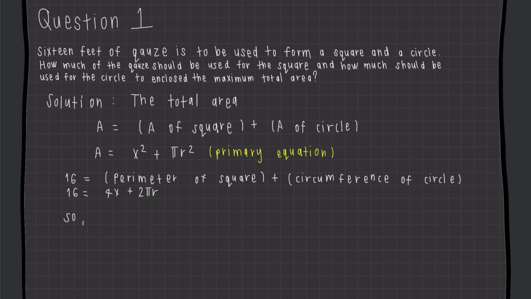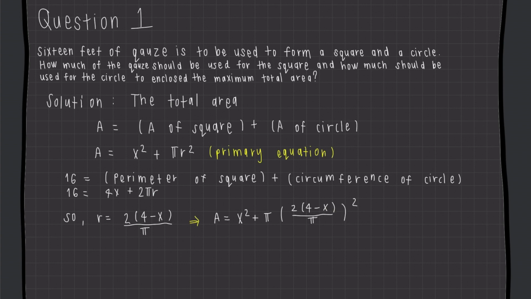From the secondary equation, you can take r equal to 2 times (4 minus x) all divided by pi, and by substituting into the primary equation, you will get A equals x squared plus pi times (2 times (4 minus x) over pi) all squared.